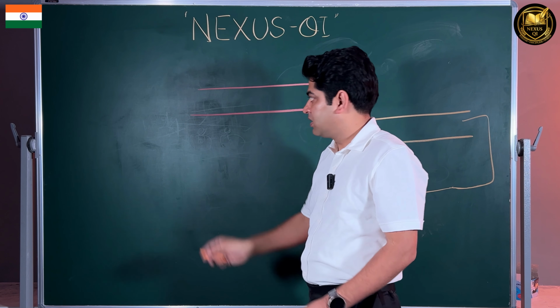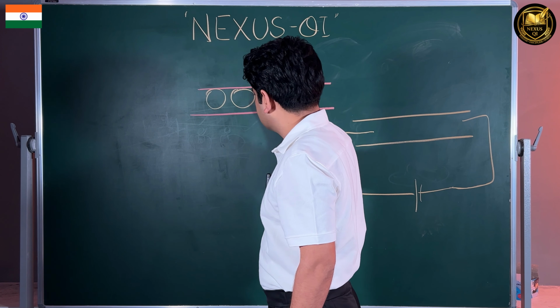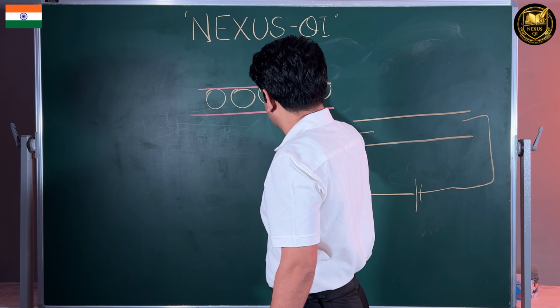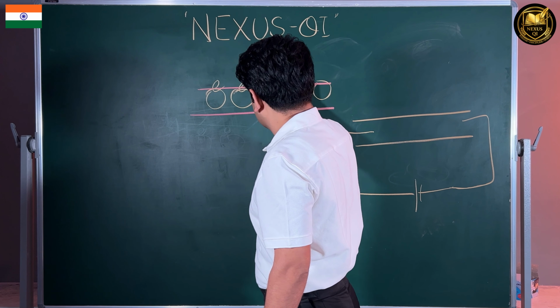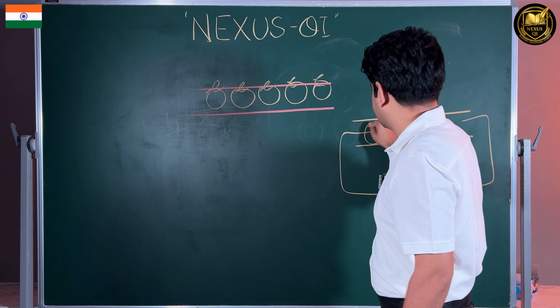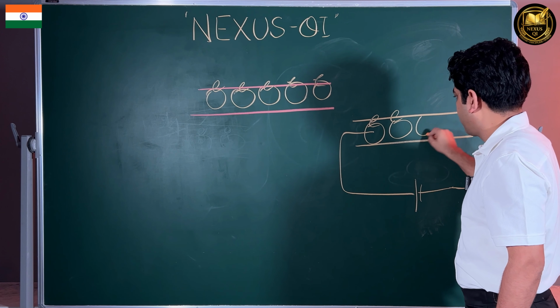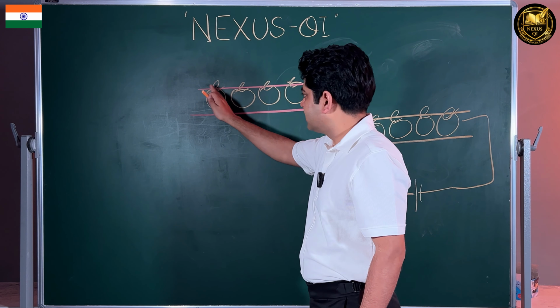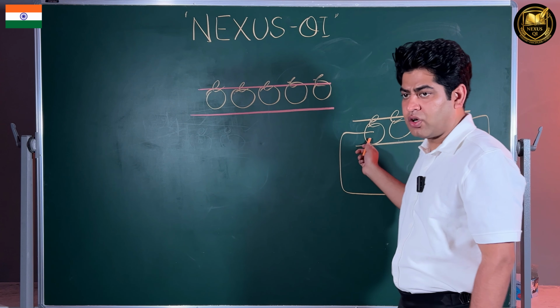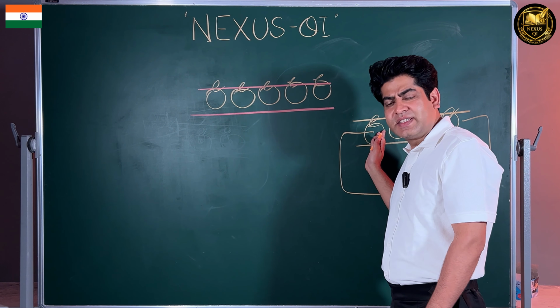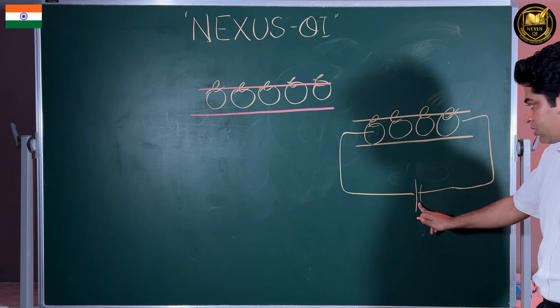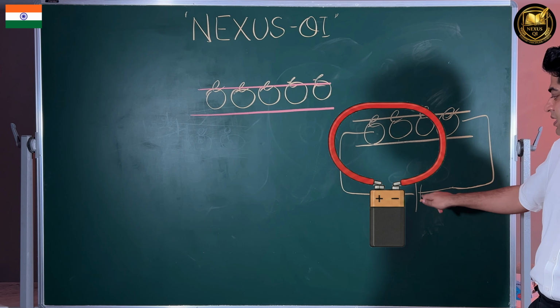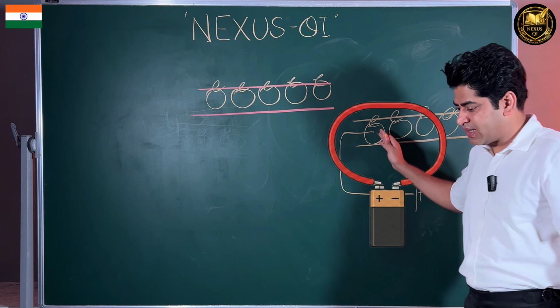This is also made up of electrons, and in this also electrons are there. But see the difference between this electron and this electron. This electron is moving. Why are these electrons moving? Due to the energy source. The energy provided by the battery makes it move.